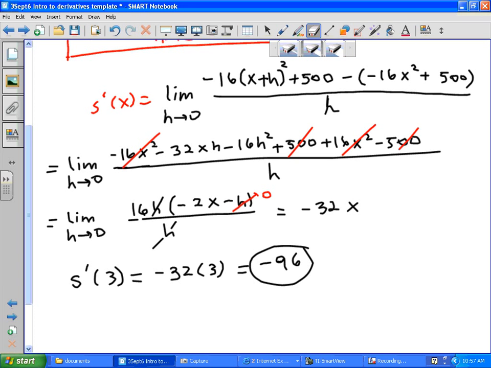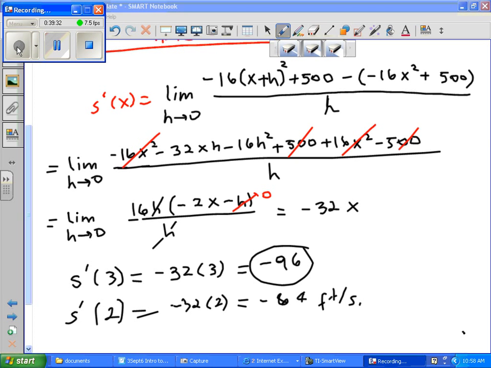If I want to know what is the velocity at the 2nd second, just plug in a 2 then. Then we also know the velocity at that moment. Negative 64 feet per second, etc. At any given moment in time, I can find the instantaneous velocity now using this one amazing formula. Yes, questions?